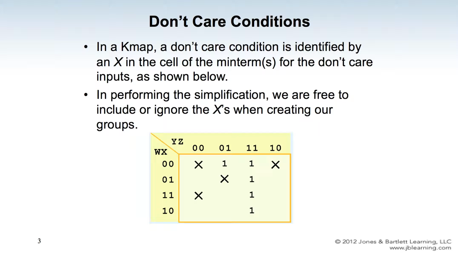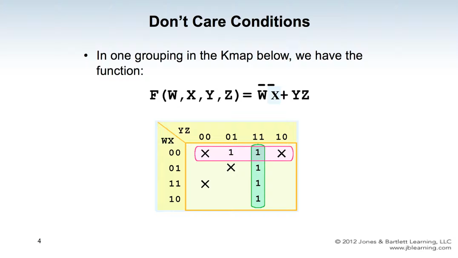Let's see the example right here, assuming the don't care condition as before. In this grouping, we consider this value as equal to 1, so we can group it together with the existing 1 we have. If we consider this as 1, we can group the values of 1 here, and this can be represented by W naught and H naught.